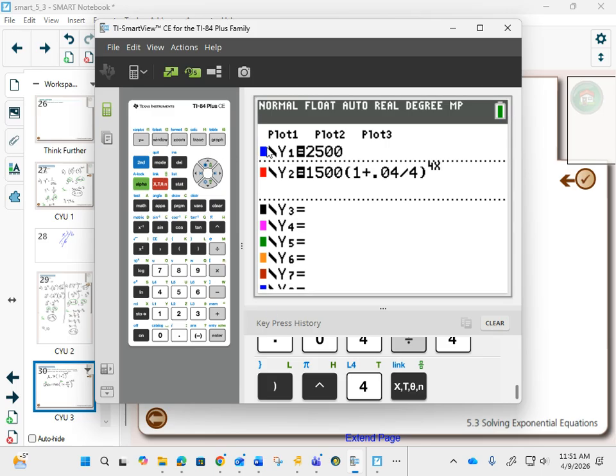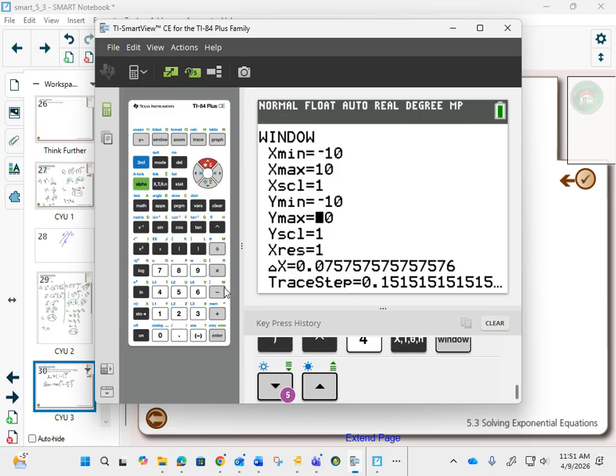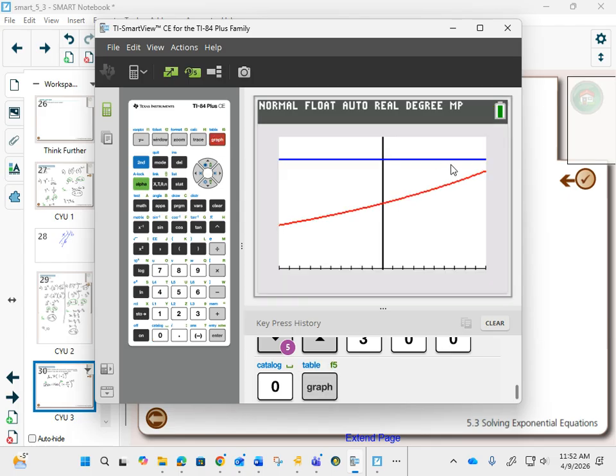My first equation is a straight line at 2500. So I'm going to go to my window and make sure my y max goes up to 3000. I want to make sure that I can see that 2500. In fact, I'm going to hit graph right now and, ooh, they almost crossed. You see how close we were?